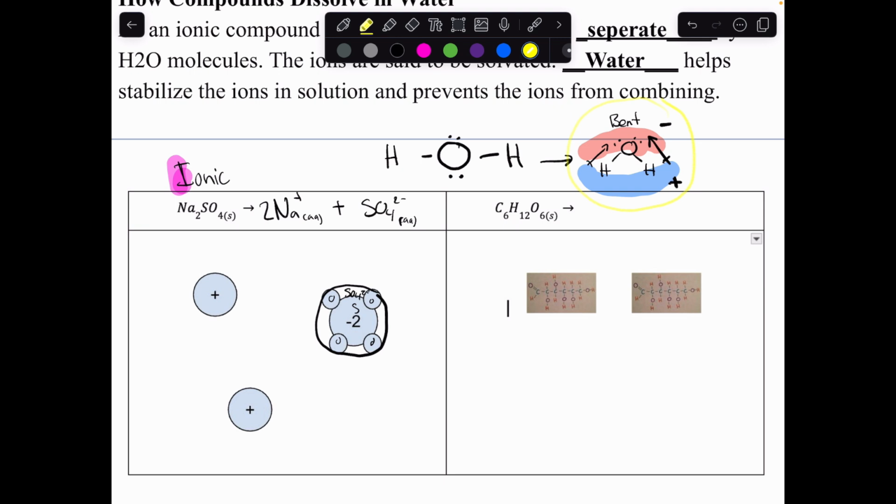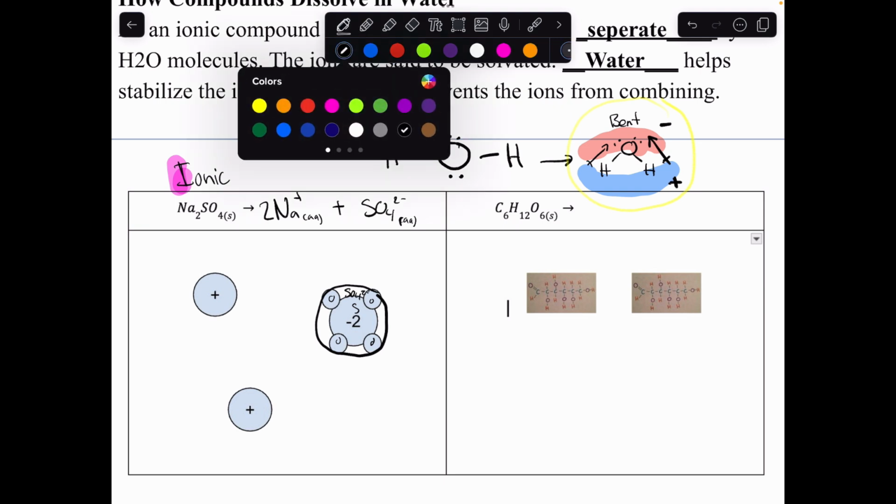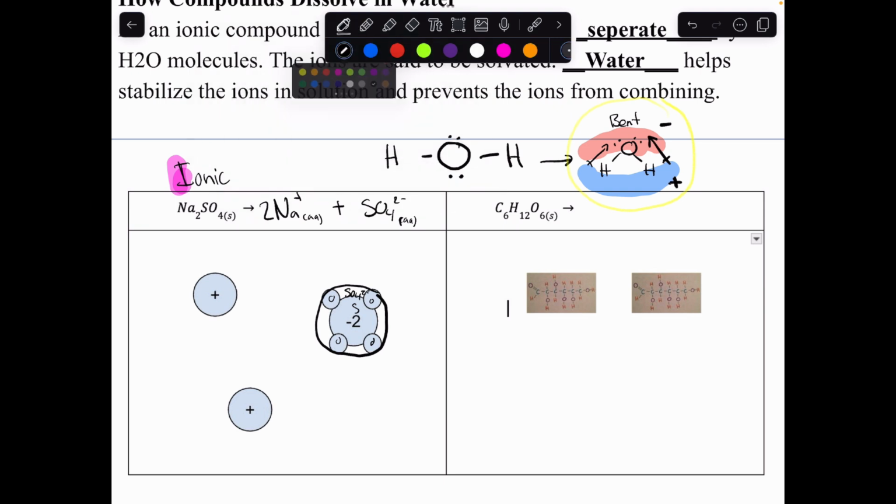Another way we often draw it, which you will see on my answer key, is like this, where this centerpiece is your oxygen, and then these are our two hydrogens.